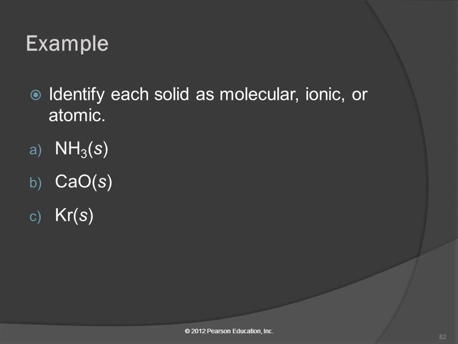So identify each of these solids as molecular, ionic, or atomic. NH3. What do you think? Is this an element or a compound? It's a compound, right? There's two different elements. So it can't be an atomic solid. Is this ionic or molecular?